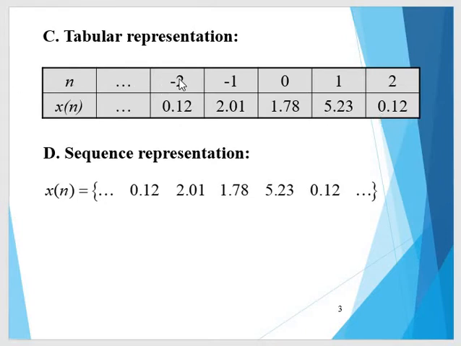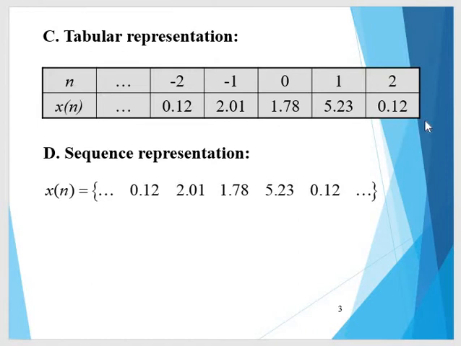Here we can see the value of n varies as -2, -1, 0, 1, 2. At n equals -2, the value of x[n] is 0.12. When n equals -1, x[n] equals 2.01. When n equals 0, the value of x[n] is 1.78.